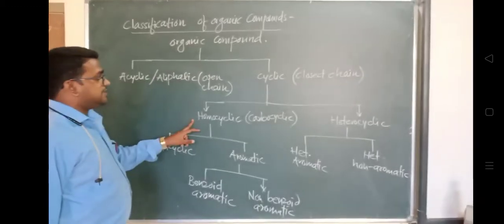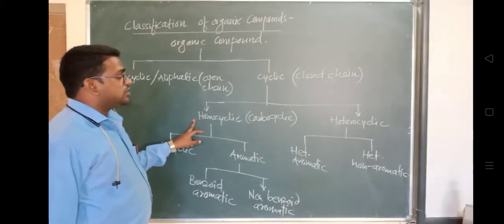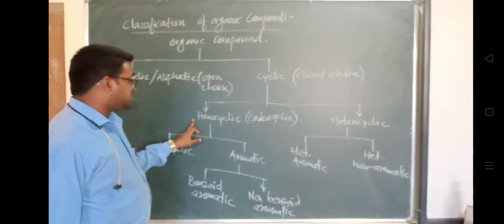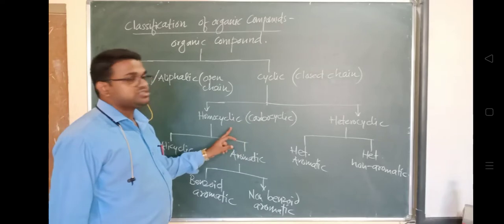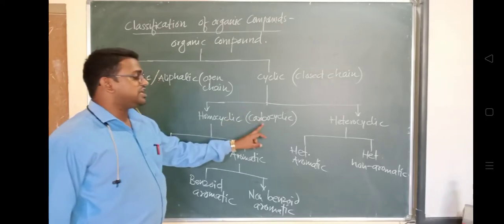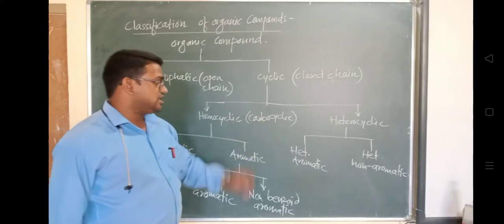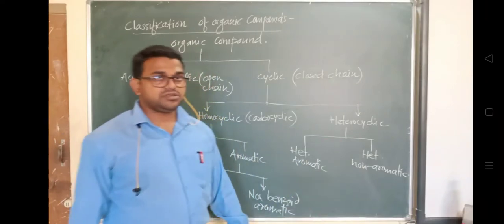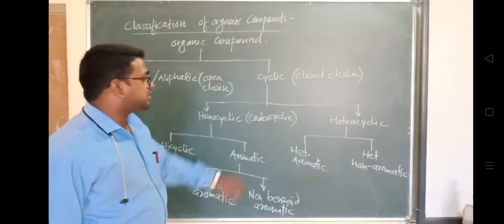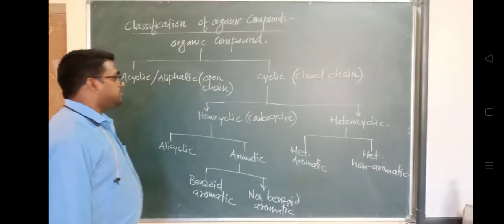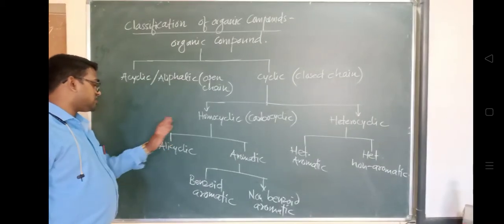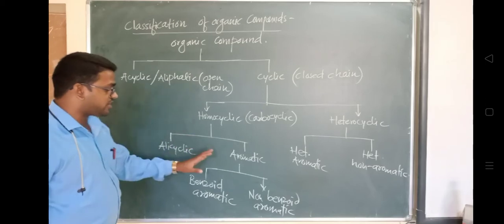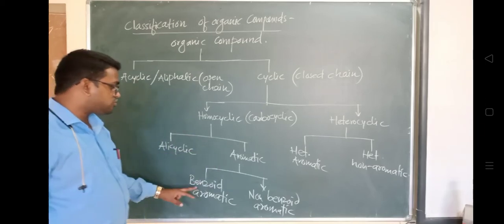Homocyclic will have the same atom, and only carbon atoms take part in homocyclic. That's why another name for it is carbocyclic. Hetero means different. If different atoms take part in such a compound, it will be called heterocyclic. Homocyclic is also classified into two, alicyclic and aromatic, and aromatic is further classified into benzoid and non-benzoid.